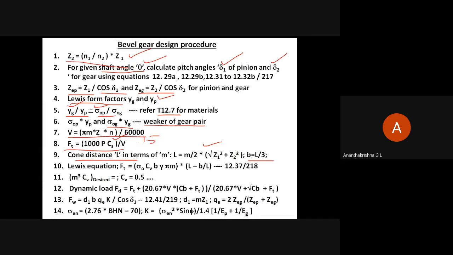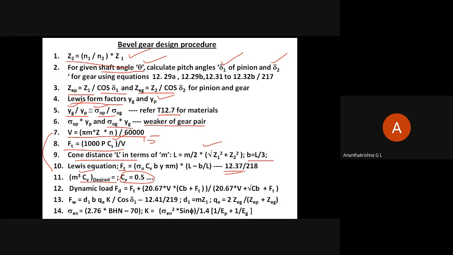Then the Lewis equation, given by equation 12.37, substitute and get m cube Cv desired. Initially we assume Cv to be equal to 0.5, find out the module, then standardize the module, and then calculate the velocity from the step above.